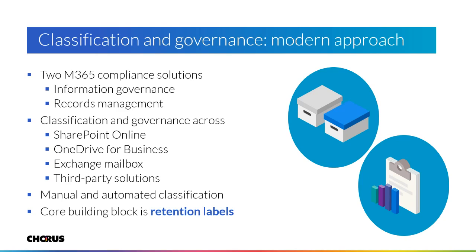We've got options for manually and automatically classifying data. And our core building block with both of these solutions is retention labels. So while the Compliance Center presents two different solutions, information governance and records management, the underlying building blocks are the same. They're both built on retention labels.